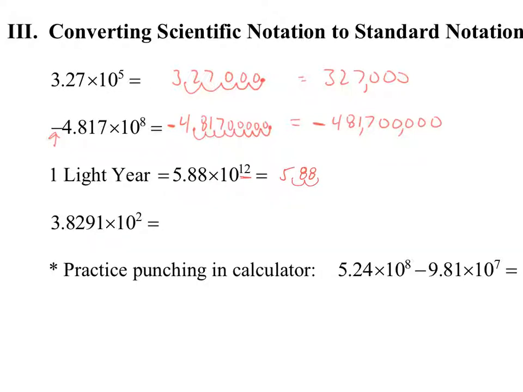If I've used 2 of my 12, how many zeros am I going to have to add on there? 10 more zeros. Then I don't have to count all the hops. But if you want to do hops every time, I'm totally fine with doing the hop the whole way. But sometimes I'll count how far to the end of the numbers and then how many more I have to go.